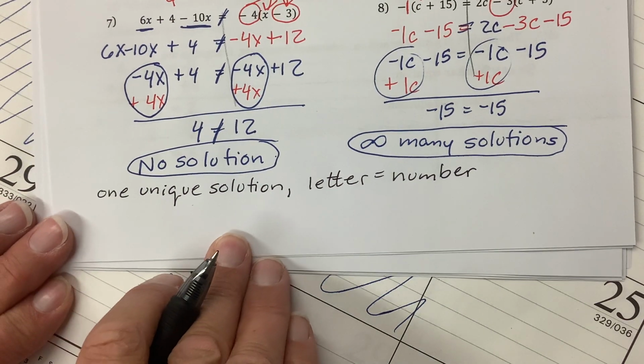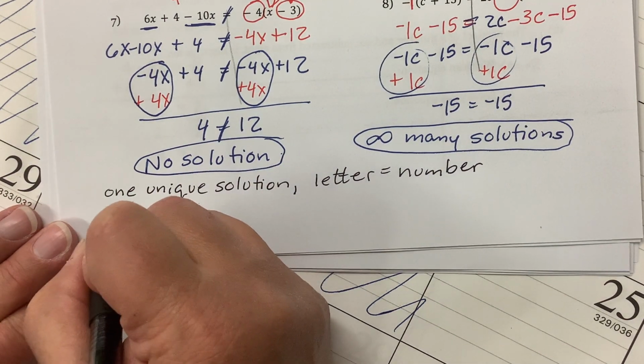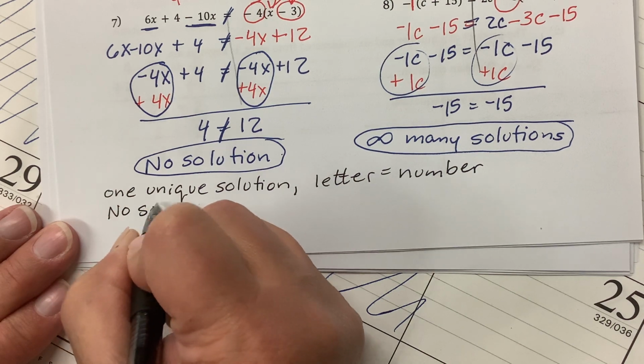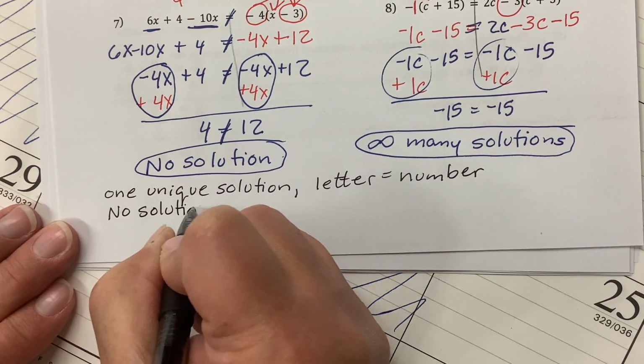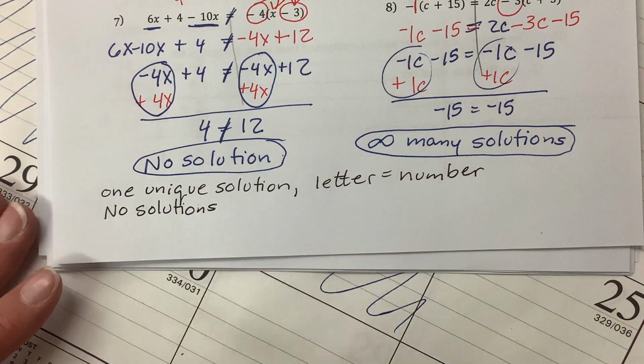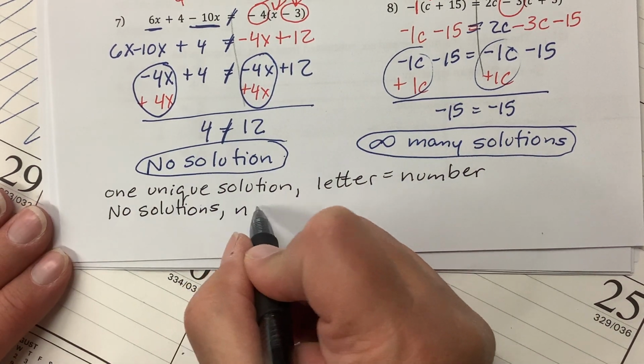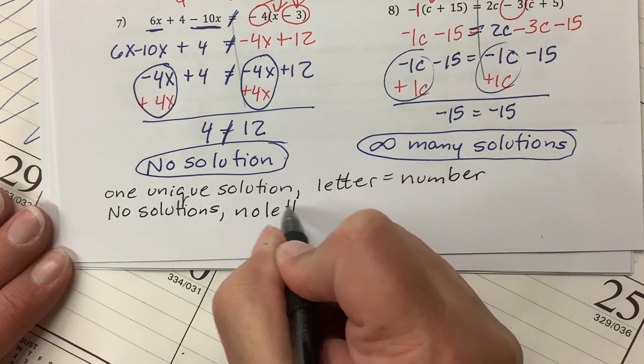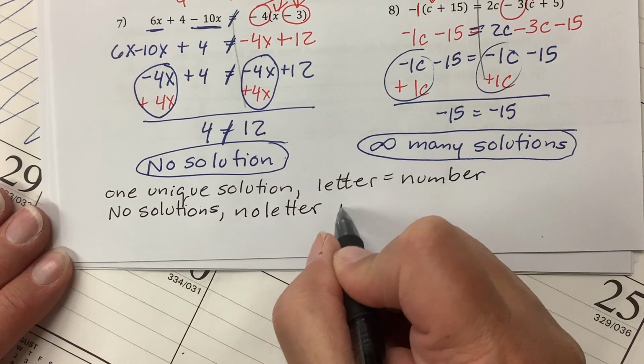All right? Now, for no solution, that means you've eliminated the letter, so no letter, and number is not equal to number.